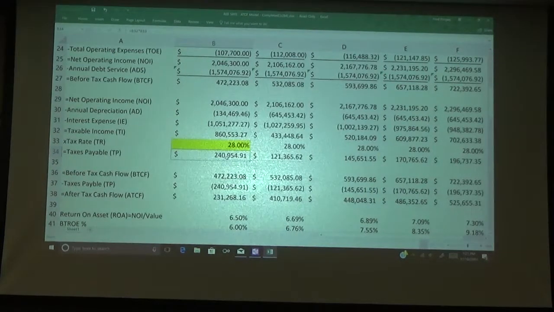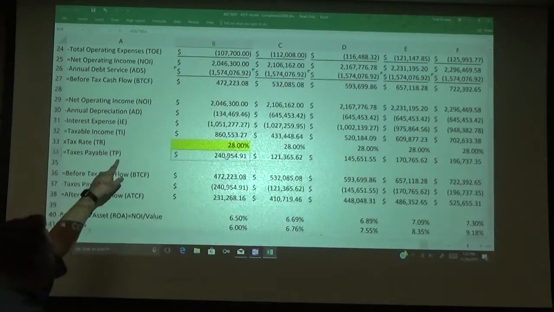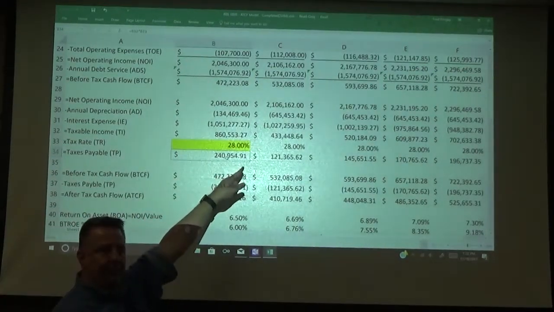If I were to say, I'm going to give you a $1,000 tax deduction versus a $1,000 tax credit, which would you prefer? Credit. Absolutely, hands down, you're going to prefer a tax credit. The reason is a tax credit is a dollar-for-dollar reduction in your income taxes payable. So if I gave you a tax credit of $1,000, I'm simply taking this tax payable number and subtracting out $1,000.